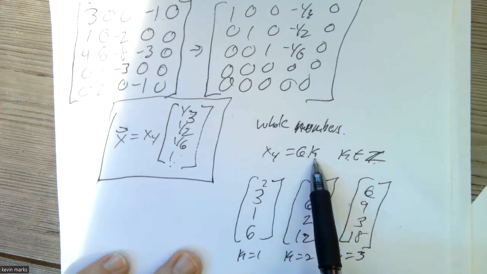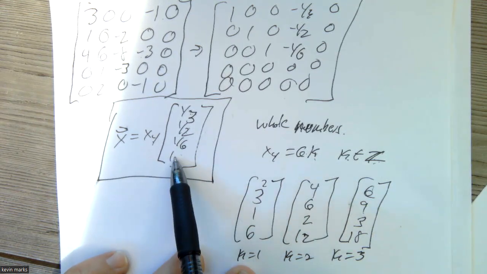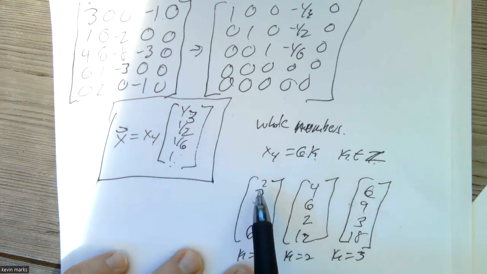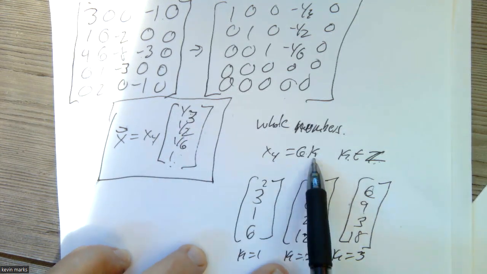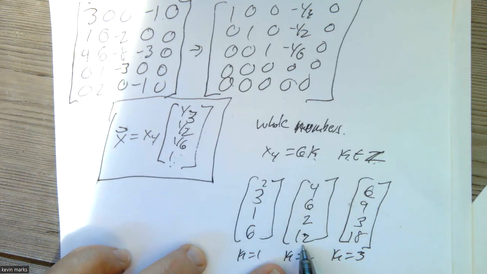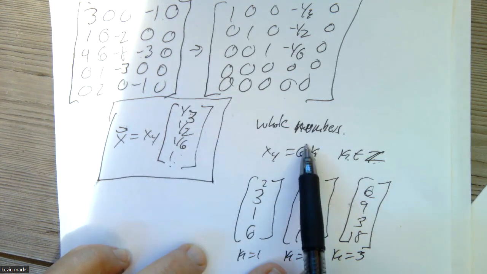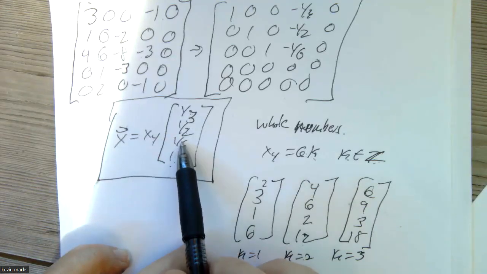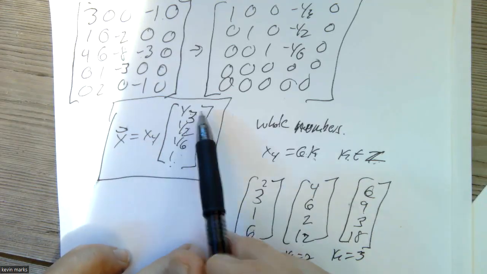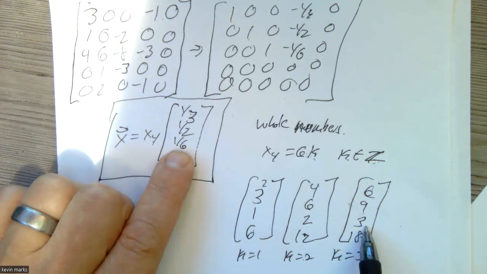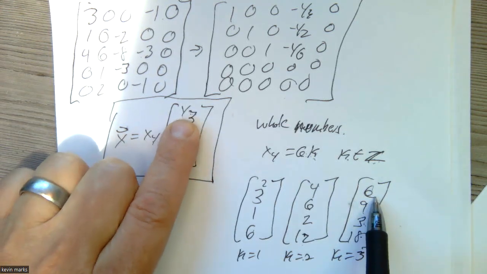If K was 1, I'm using basically 6 for this, but then multiply this by 6, multiply this by 6, multiply by 6. That's what you're getting here. If K is 2, basically it's got to be nice multiples of 6 to guarantee these are nice whole numbers. So if K is 2, this would have been 12. 12 divided by 6, 12 divided by 2, 12 divided by 3. If K is 3, then this would have been 18. 18 divided by 6, 18 divided by 2, 18 divided by 3.